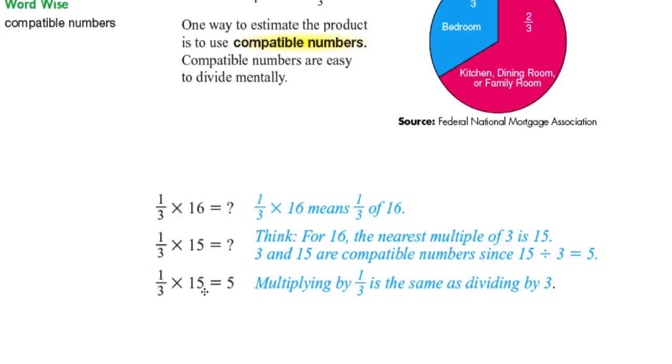Multiplying by 1/3 is the same as dividing 15 by 3, so you get the product of 5.